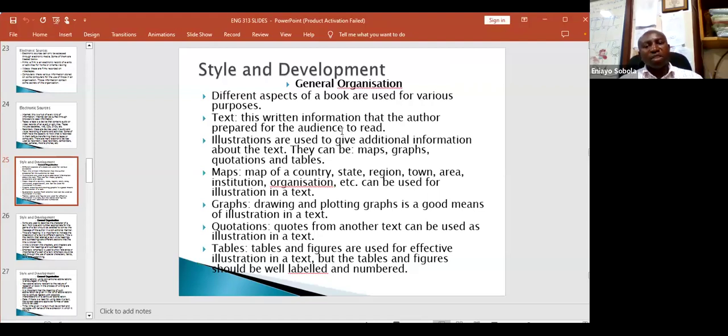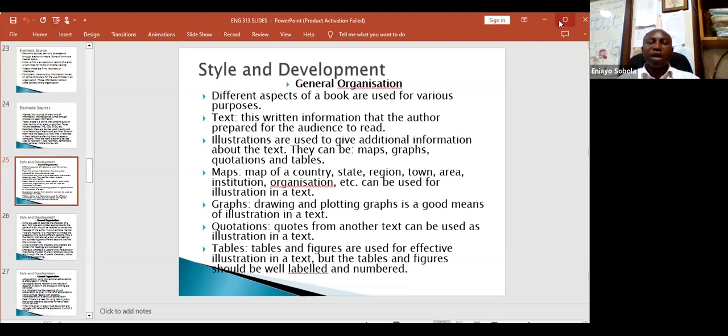So when we are dealing with style organization, we are looking at, in the first place, the general organization of a text. Because there are several items or sections that we have in books, and we should understand what each of these sections has to do with the text.